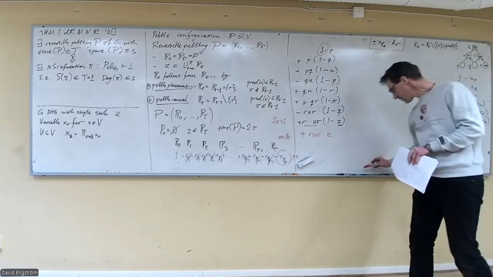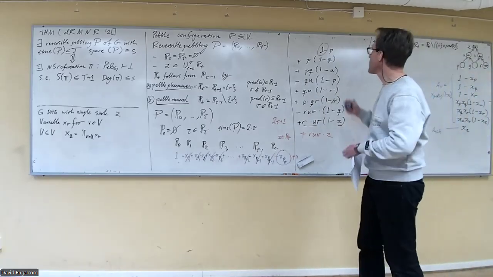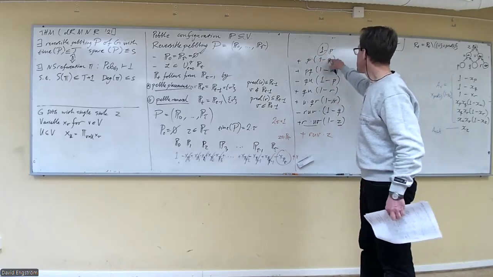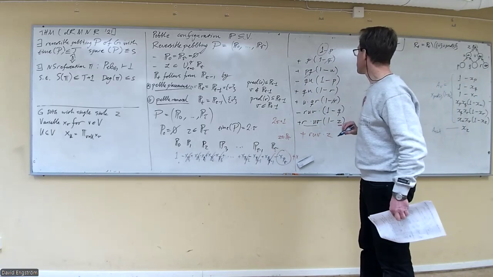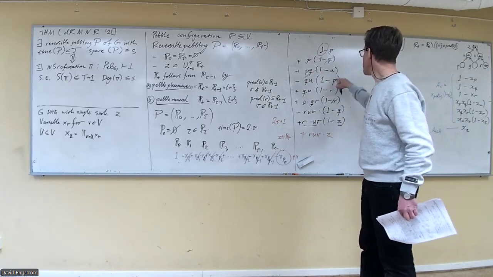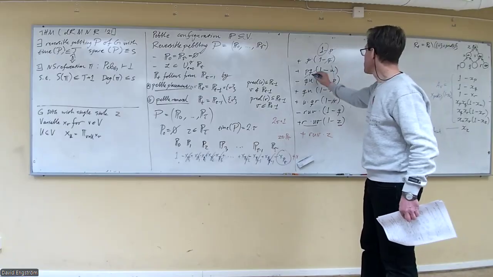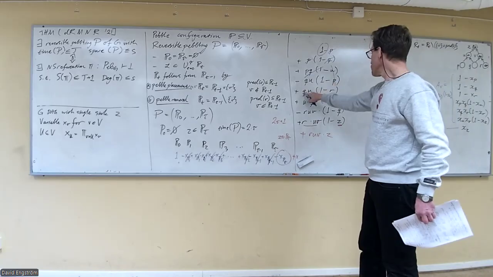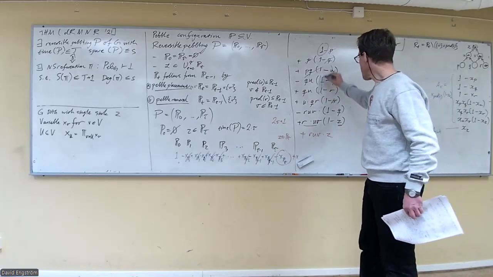And now we just need to take a deep breath and say that this and this are going to cancel. PQ and PQ, these two are going to cancel. Here I have PQU, here I have PQU, so these two are going to cancel. I have minus QU plus QU, these two are going to cancel.